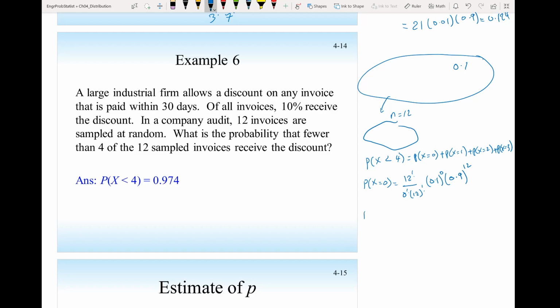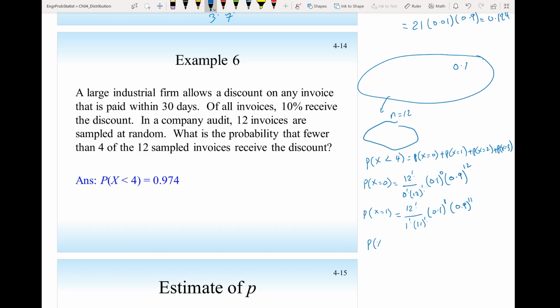Now probability out of the 12 only one invoice received discount. It will be 12 factorial over 1 factorial, 11 factorial, 0.1 to the power of 1, because there is only one received discount and 11 didn't receive, so times the probability 0.9 to the power 11.